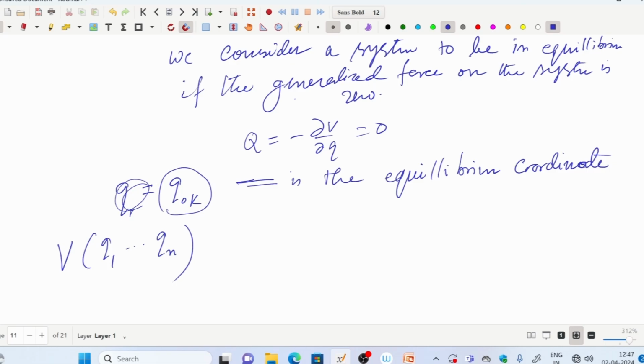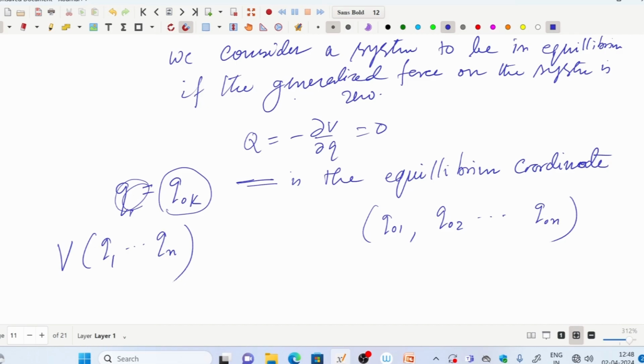When we put a subscript 0 on Q, that will be the equilibrium position. That means Q01, Q02 to Q0n is the equilibrium position. In that position, there is no force acting on the system. Okay.